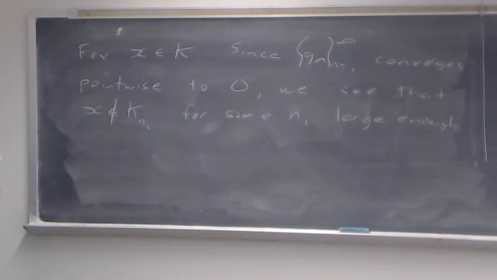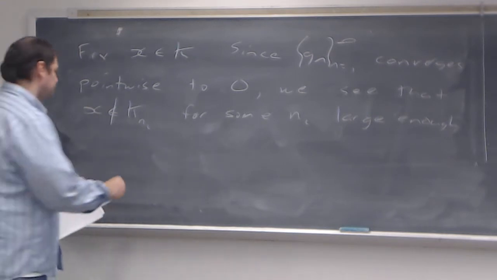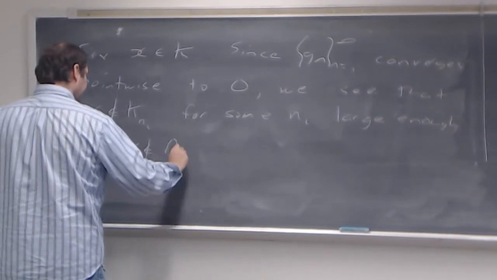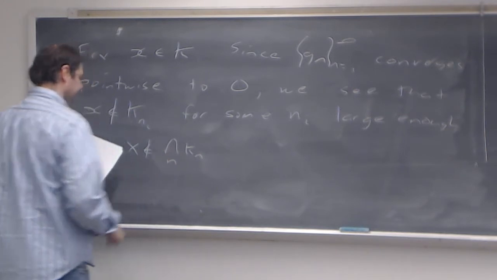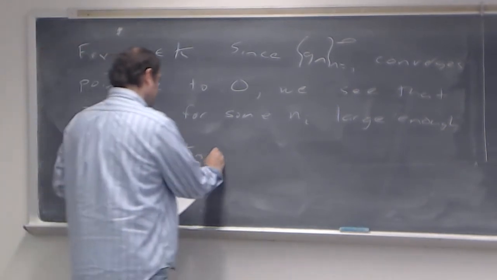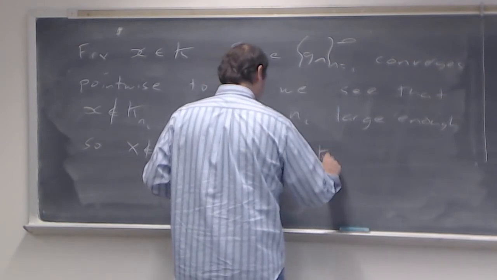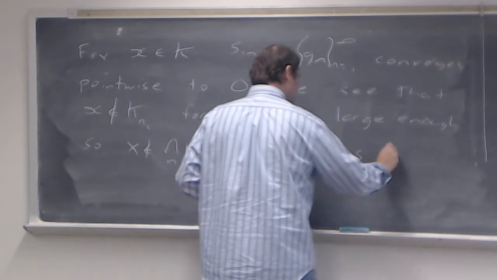G sub n of x can't always be greater than or equal to epsilon, because otherwise it wouldn't converge to 0. So what this gives us is that x is not an element of the intersection of the K sub n's. And since x was arbitrary, the intersection of the K sub n's is empty.